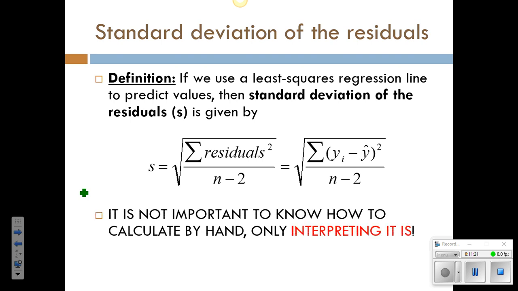Nice job, Miranda. Now, here's the thing about this formula. Is it nice to know how to find it by hand? Sure. However, we have a calculator for that. We're going to use technology to do most of the grunt calculations for us. What we do need to know is what it means. What does this S value mean?